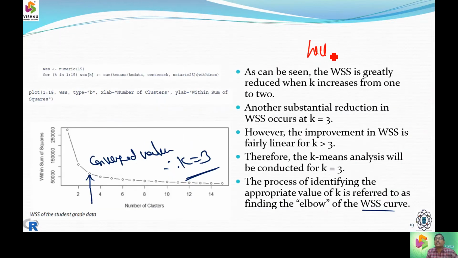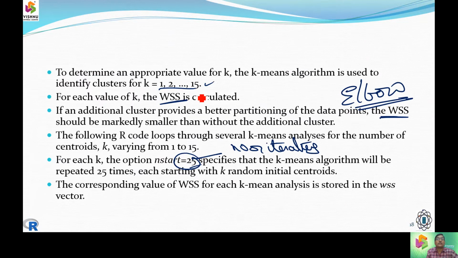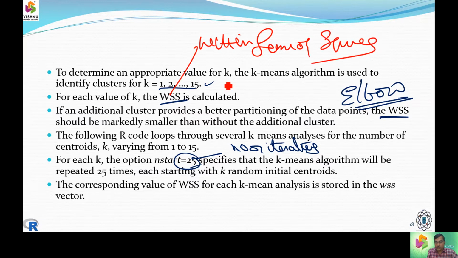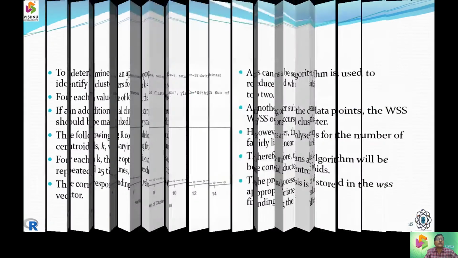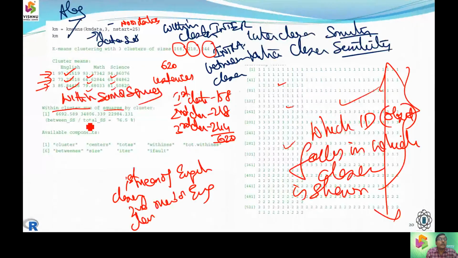So this is within sum of squares, WSS. Within sum of the squares. So now how are you going to compute it with an elbow method? So we get this between and the total.